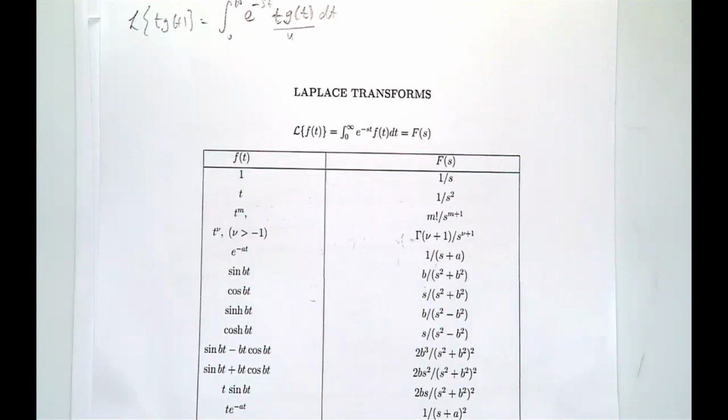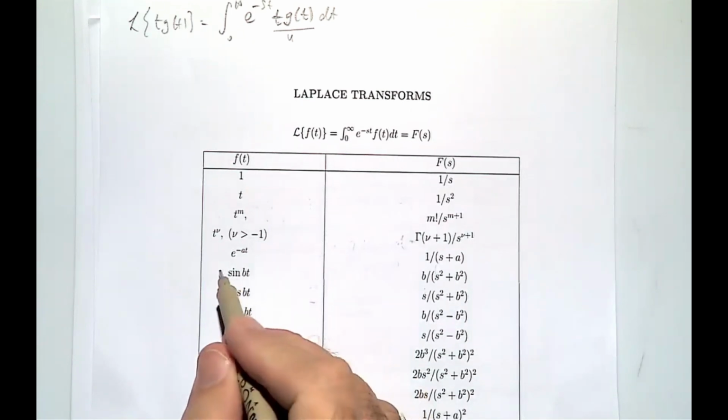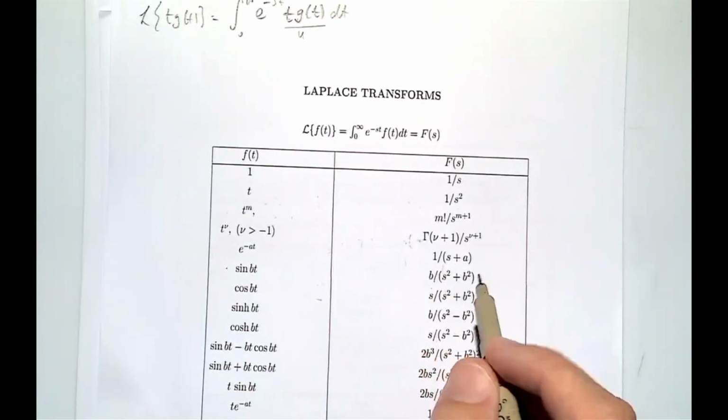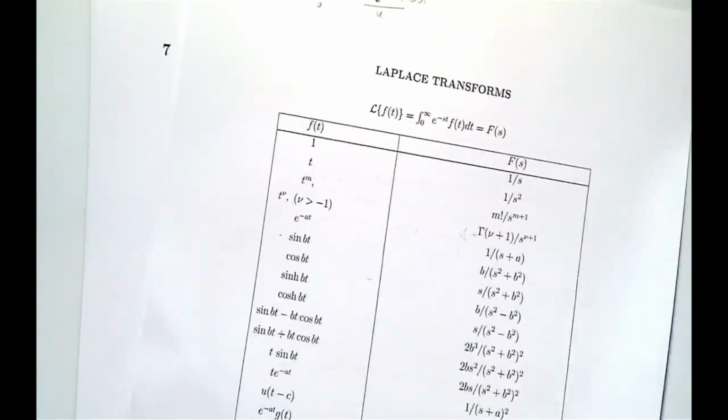It would be 1 over 1 plus s squared. Yeah. Exactly, right? So I go down the left-hand side of my column till I find a sine function. B would be 1 in this case. So I go over here and plug in b equals 1, so 1 all over s squared plus 1. Exactly what you said.